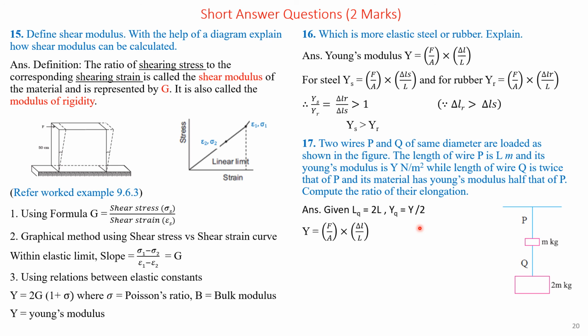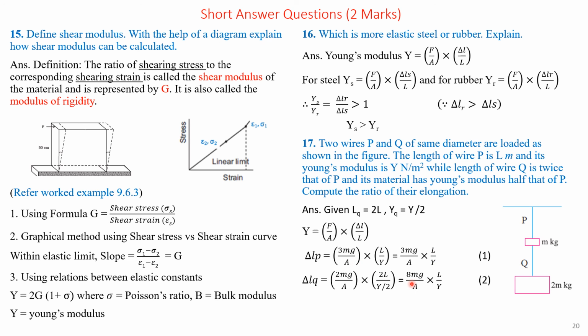Therefore, Y is equal to F by A into L by delta L. Simplifying, we get delta LP, that is the change in length of wire P, given by 3mg divided by A into L by Y, using the standard formula.